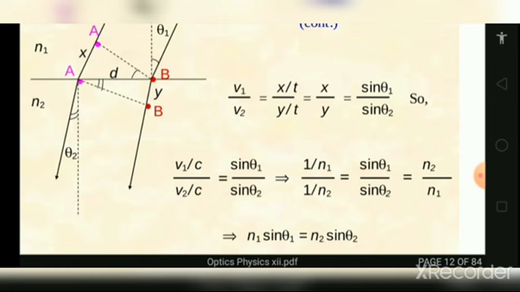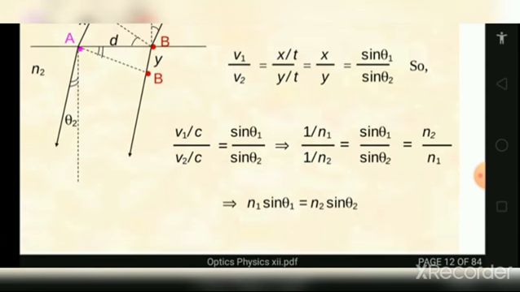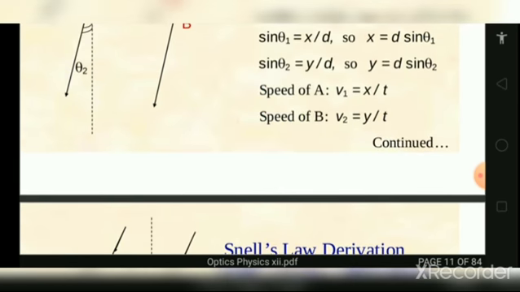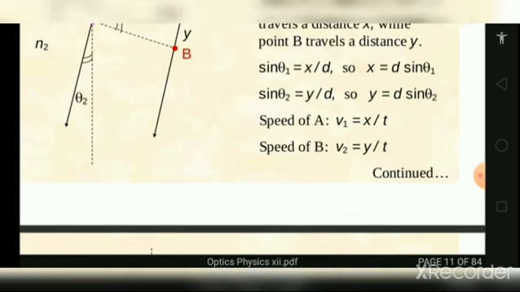So just by simplifying, you will get n1 sin theta 1 is equal to n2 sin theta 2. Remember, previously we simply took the ratio of v1 upon v2. In the second term, we placed the values of v1 and v2 which we obtained from the figure.